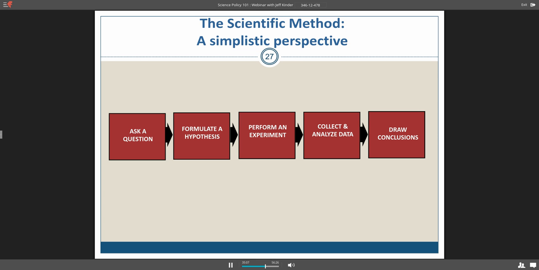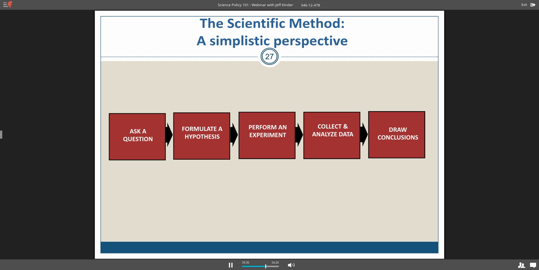The process of science and research is obviously much more complicated. There are a lot of feedback loops. It doesn't proceed in this kind of neat and tidy linear fashion. But if we think in terms of senior policymakers, recognizing that many of them do not come from the sciences, that class in high school may have been their last exposure to science, and so this may be in the back of their mind as how science really works.